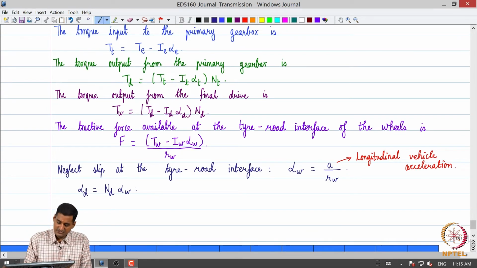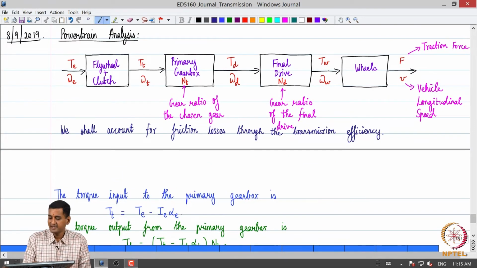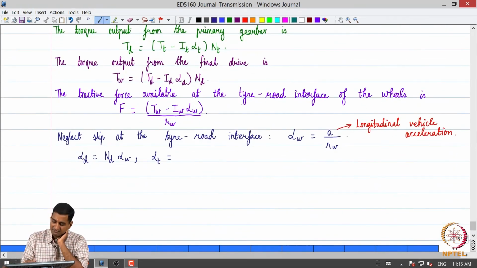Similarly, alpha t, which is at the input to the primary gearbox, will be the corresponding gear ratio nt multiplied by the angular acceleration of the output shaft, which is alpha d. So, alpha t will be equal to nt times alpha d.